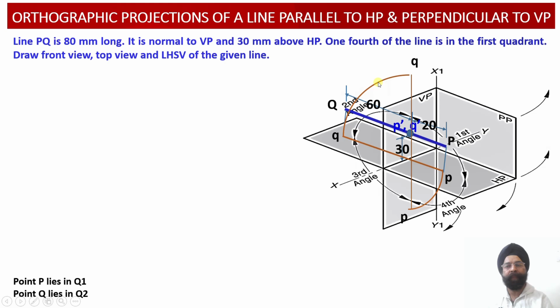This point Q will be projected over here onto the profile plane as Q double dash. So we can see this is the location of Q double dash. This is the location of the point P double dash.